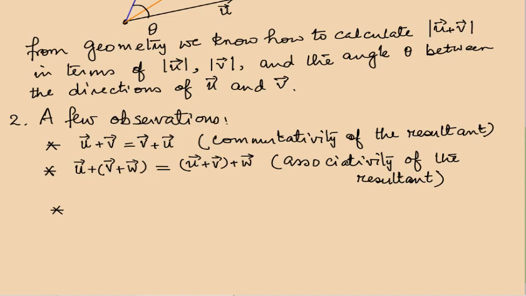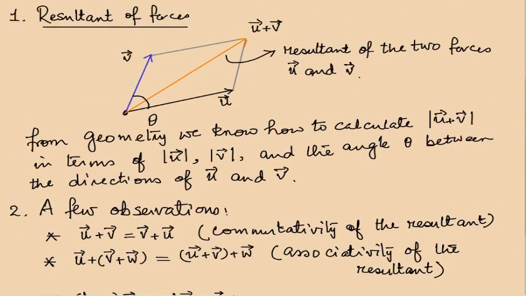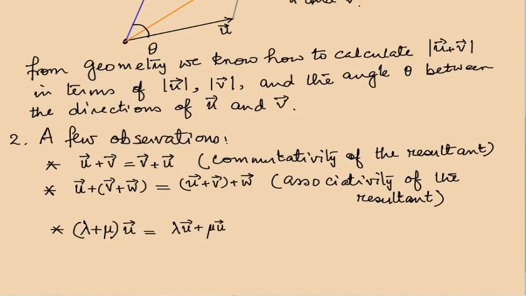So if we must have something like this, if lambda and mu are real numbers, a force which is lambda plus mu times the magnitude of u, well, it is nothing else but the resultant of these two forces. Because in this picture there is nothing, theta is 0, so it is just the addition of the magnitudes.